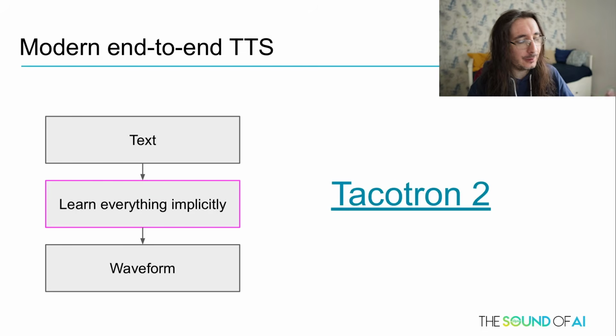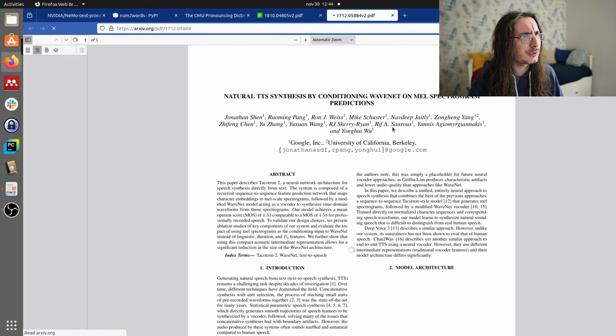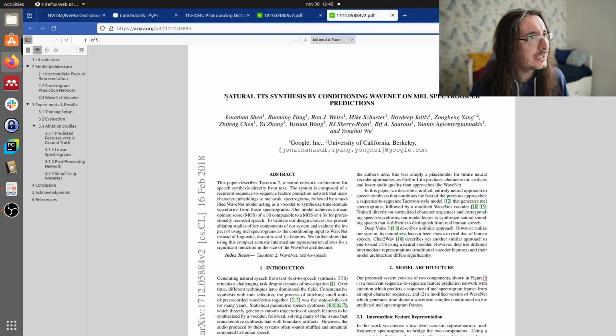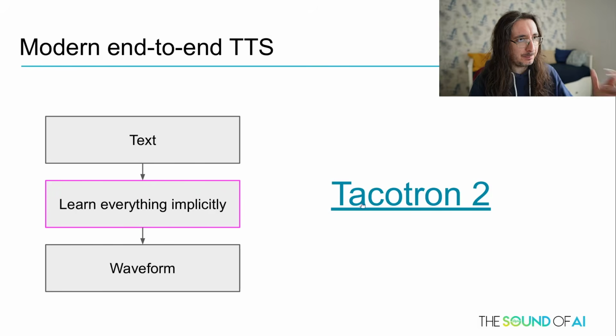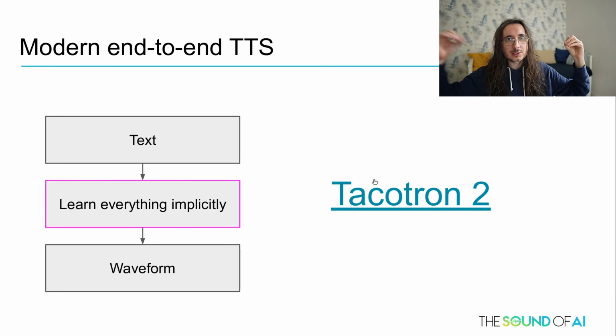That's another very important text-to-speech model that came out, I believe, in 2018. Yes, 2018. It uses WaveNet and mel spectrograms for generating speech. But the point is that you just pass text in and you get a waveform output.